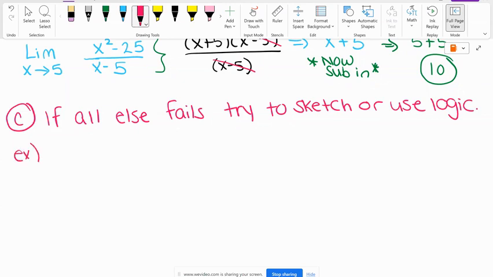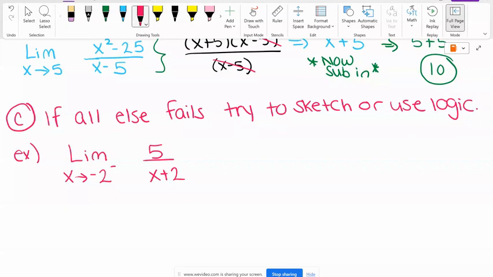I'm going to show you. So if I tell you find the limit as x approaches -2 from the negative side of 5 over x plus 2, I want us to sketch an idea of what this is.